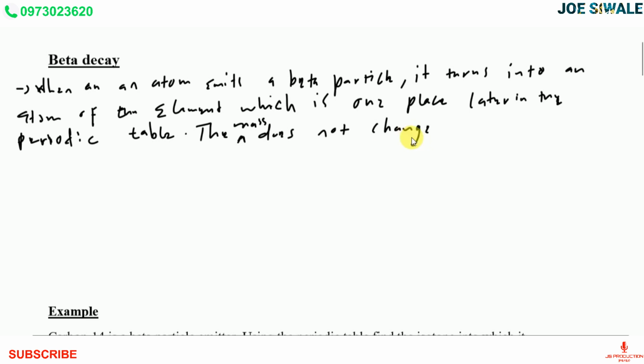So the mass does not change, while the atomic number will increase by 1.